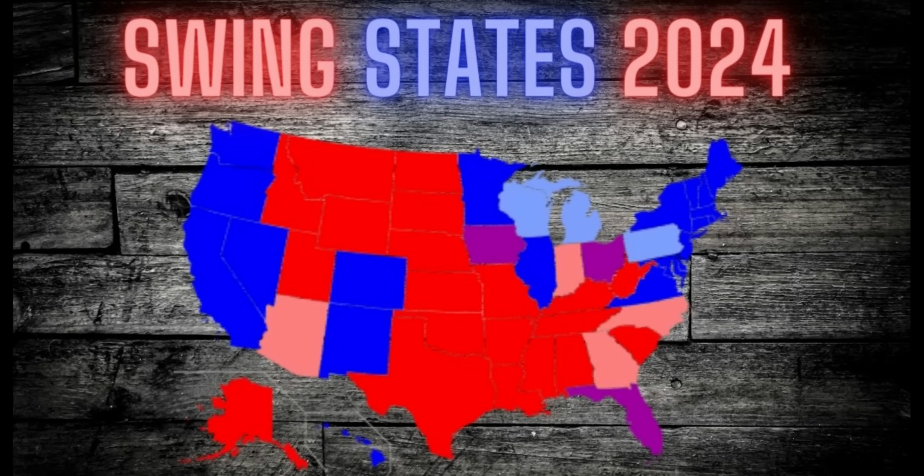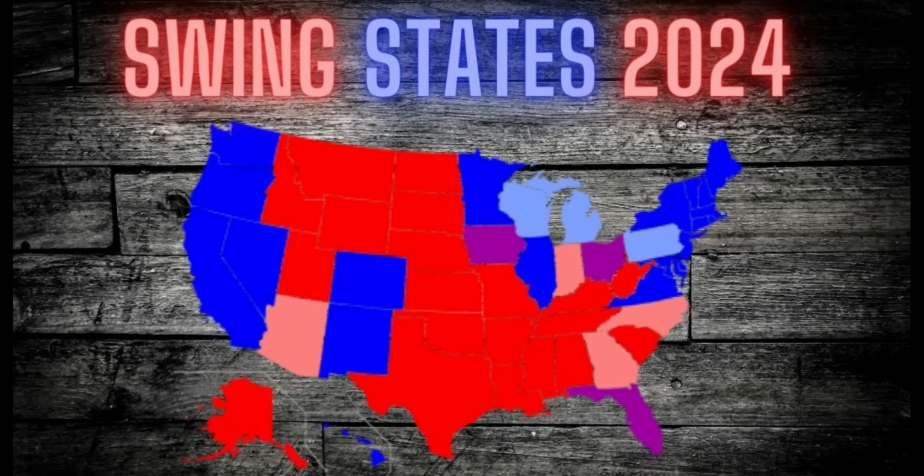Now, this is the map of the swing states or the battleground states for this 2024 election. The ones in blue, those states that are already in blue, they're already pretty sure that the Democrats are going to carry those states. The ones that are in red, they're pretty sure that the Republicans are going to carry those states. The ones in pink are leaning Republican.